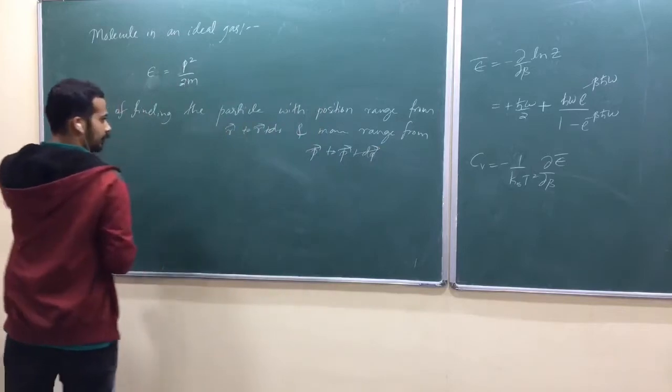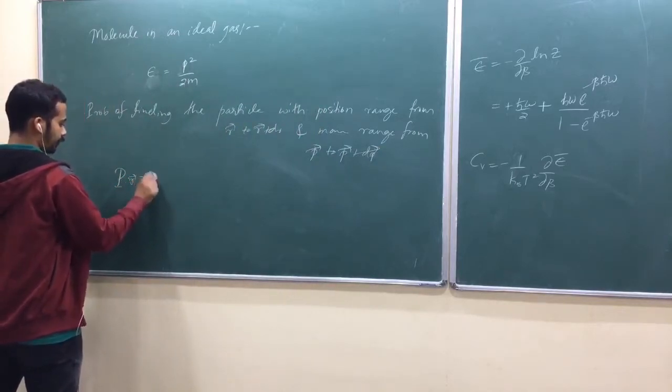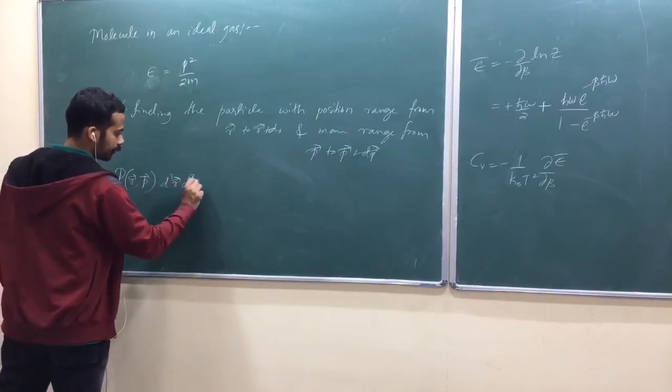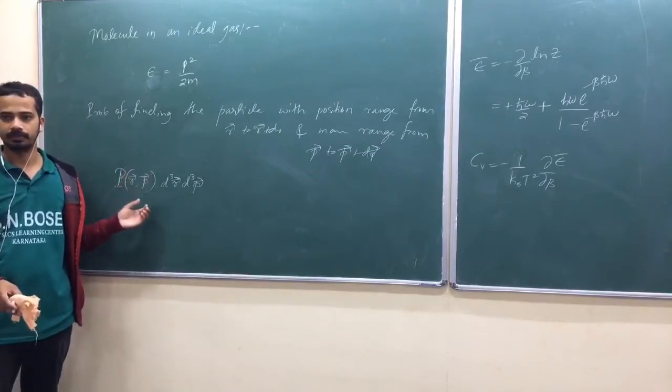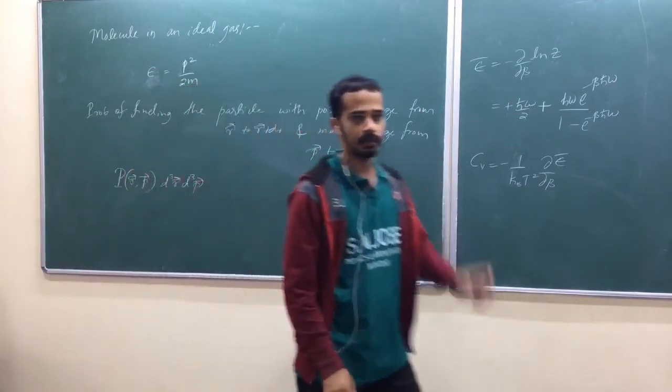Is that okay? That is written like this: P(r, p) d cube r d cube p. This is a kind of probability density, and you have to multiply with these two and talk about a range now.